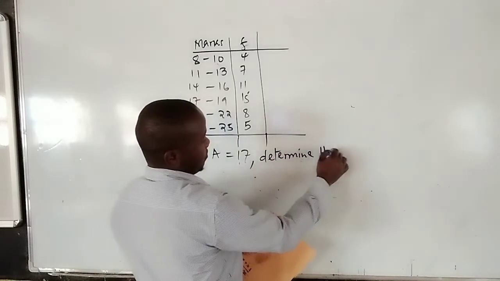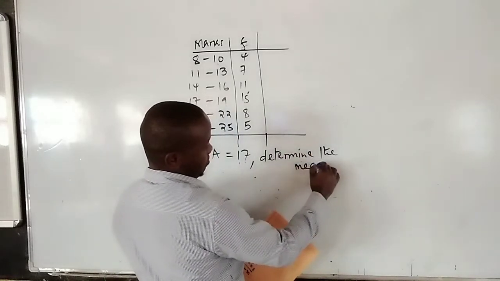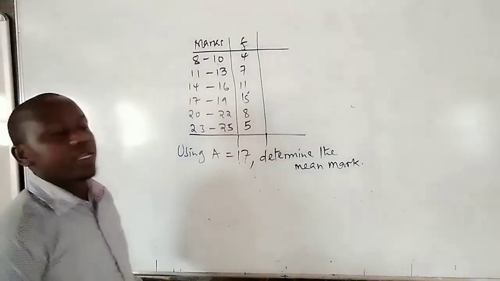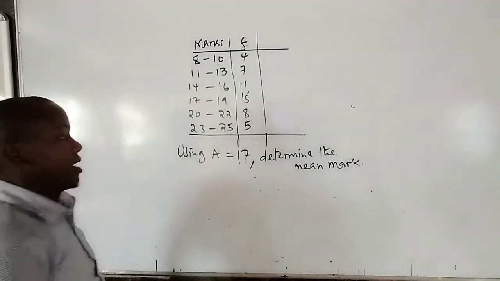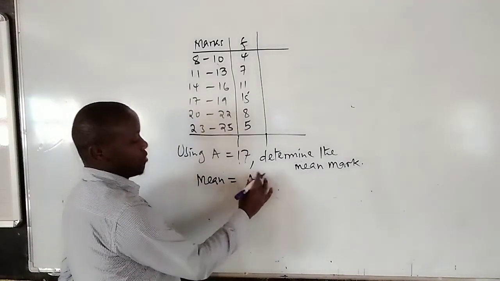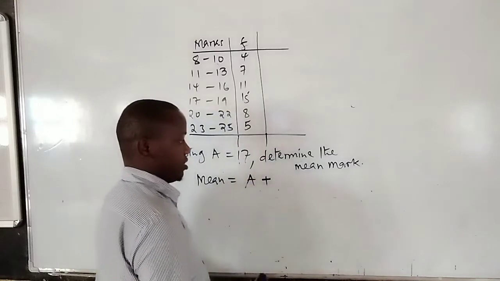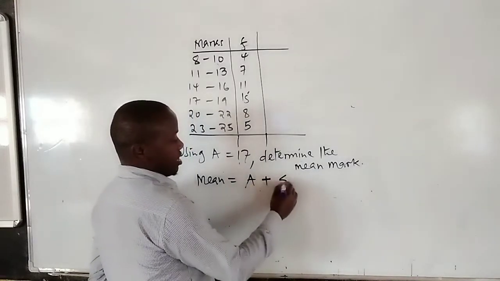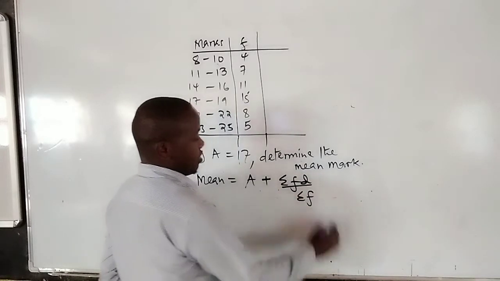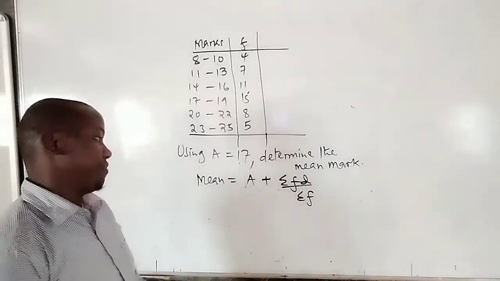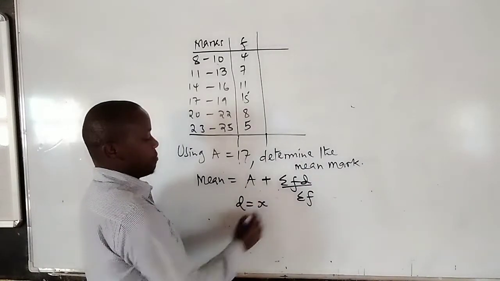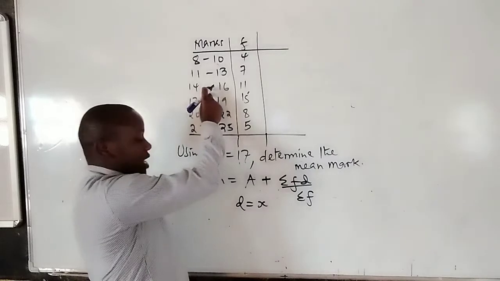When we use an assumed mean, the mean is the assumed mean plus the mean of FD, whereby D is the deviation of the class midpoints from the assumed mean, because this is grouped data.